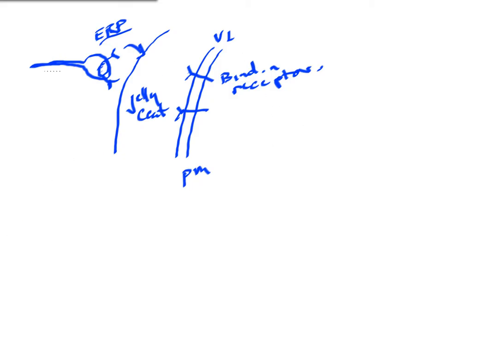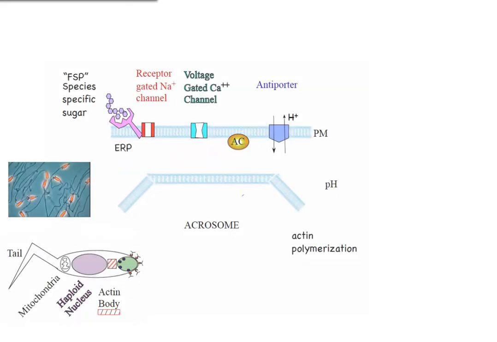All right, I'm going to bring up a picture now. First, here's a photograph of a bunch of sea urchin sperm, stained with I forget what. Here's my comic of a sea urchin sperm anatomy. This is the sea urchin sperm's plasma membrane.